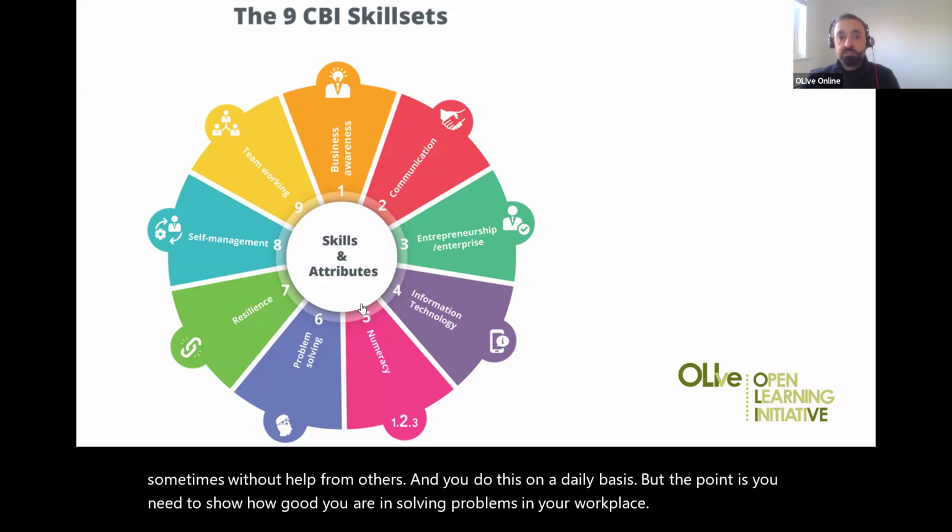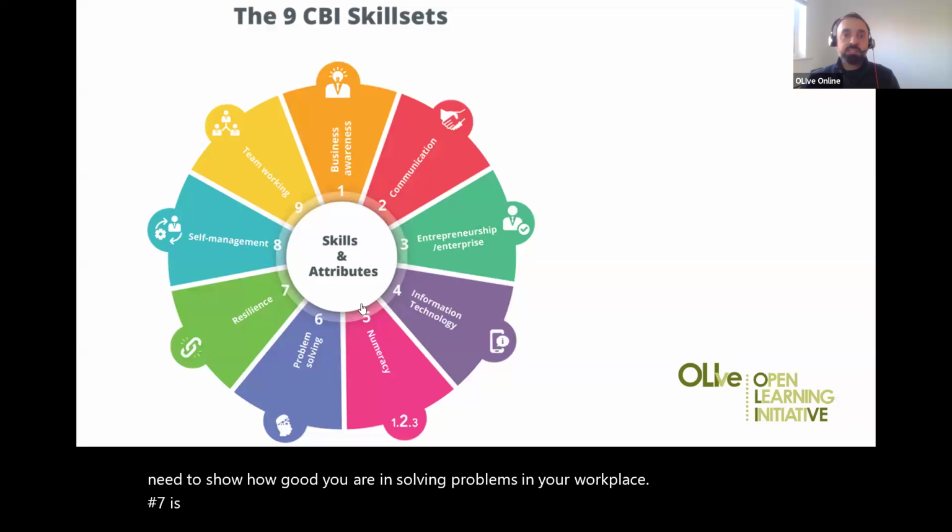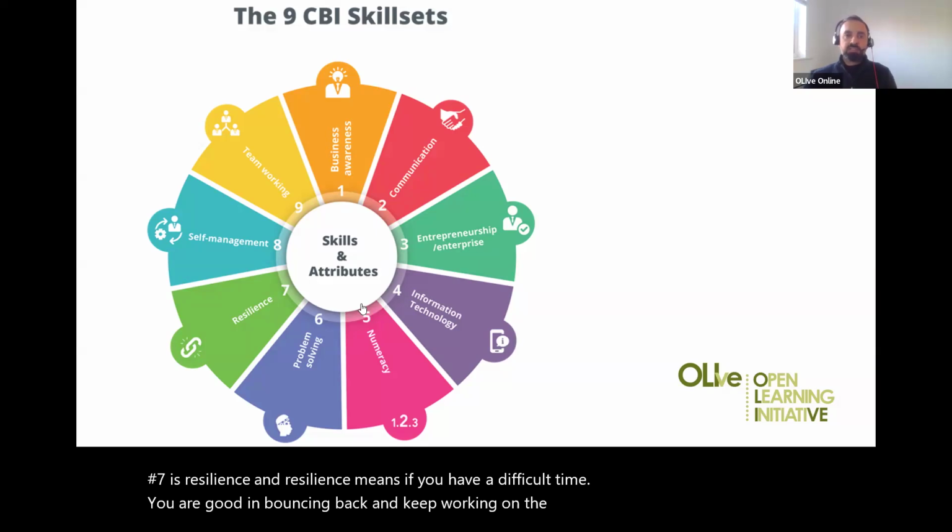Number 7 is resilience. And resilience means if you have a difficult time, you are good at bouncing back and keep working under pressure. So resilience is about coping with difficult situations.